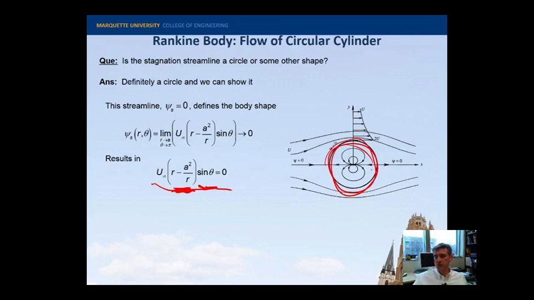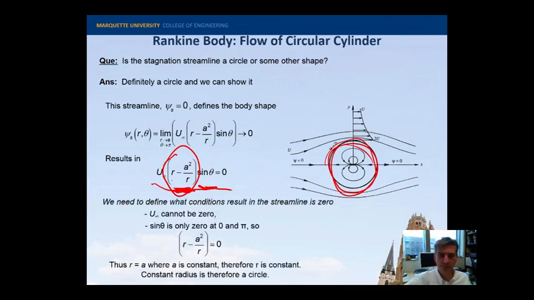Theta can vary between 0 and 2 pi, right? So we're going to have to rely on this part of the equation to always make the stagnation streamline 0. So I can just write that part here, set that equal to 0, and then solve for the relationship between a and r. And it turns out that r has to equal a in order to make that relationship always true.